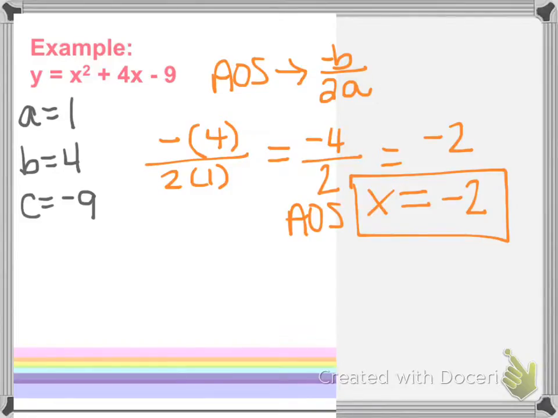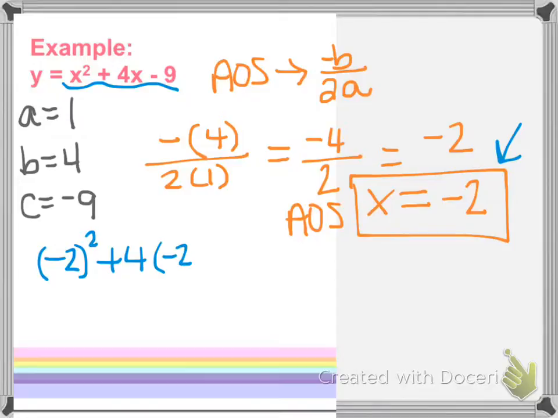The second thing we need is our vertex, and we do that by plugging this in for x into our formula, or into our equation. So parentheses, -2, just like we did yesterday, squared, plus 4 parentheses, -2, minus 9. As long as you put parentheses, you can plug it in your calculator.